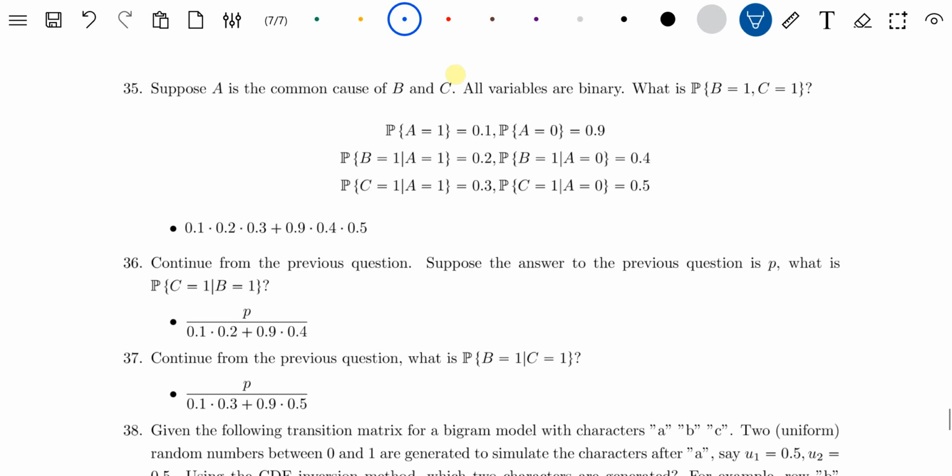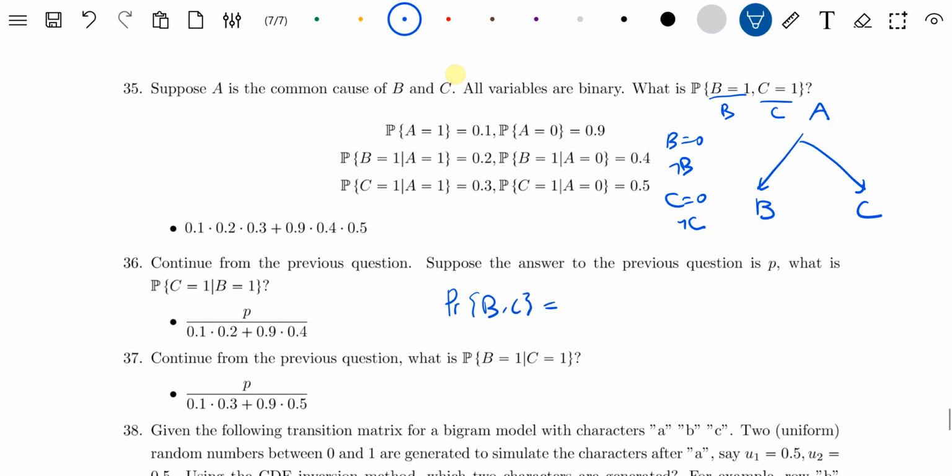Next one is a common cause Bayes net. So A is here, and B and C are like this. Let's call B is 1 being B, C is 1 being C, and B is 0 is not B, and C is 0 is not C, to make the notations easier. So we want to find probability of BC.